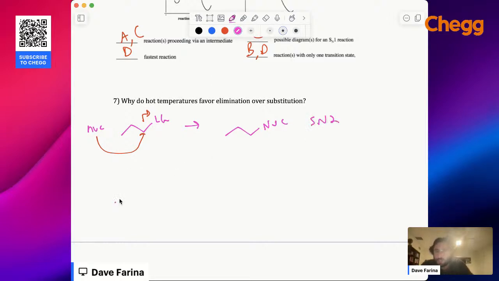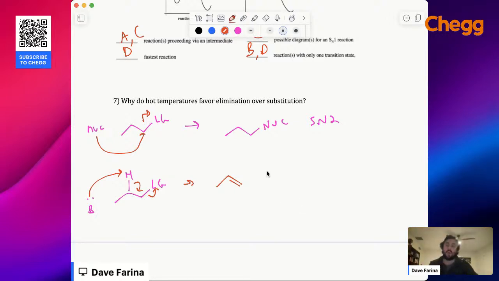Now, instead, let's say we have a leaving group and we have some base, and we have a proton there, and we get the proton, and then this goes here and kicks that off, and we get the alkene product.